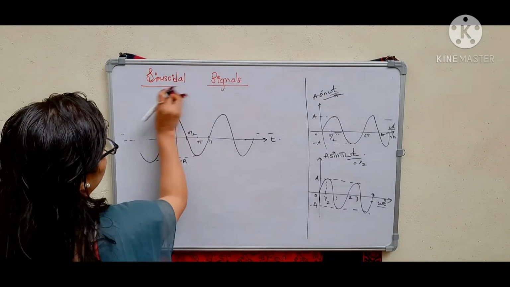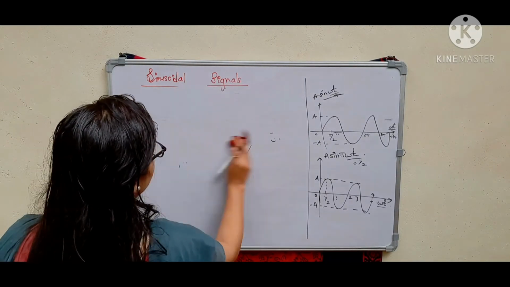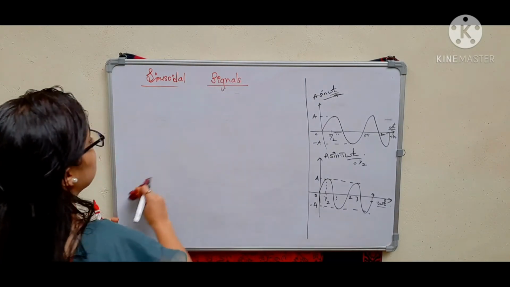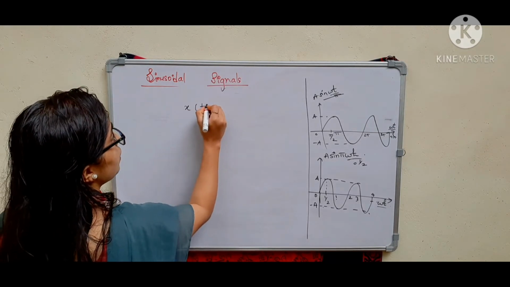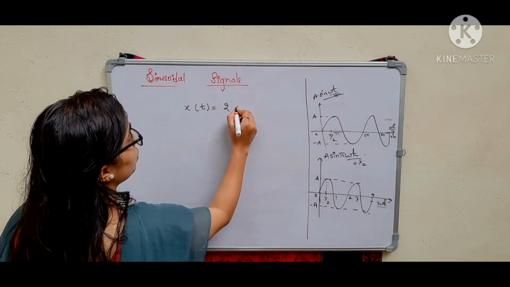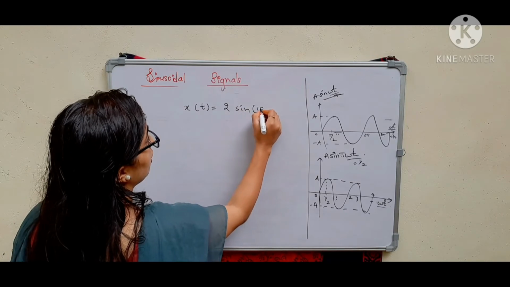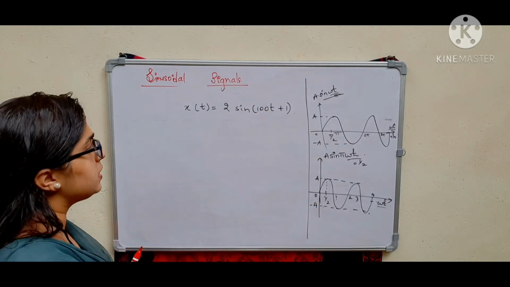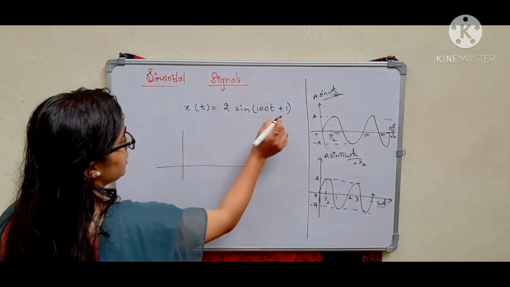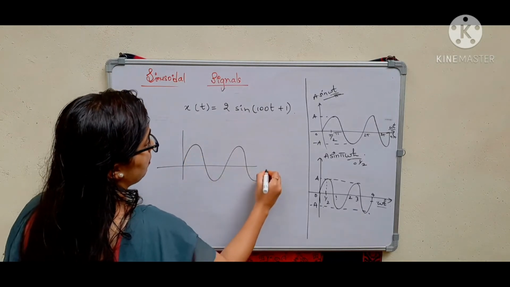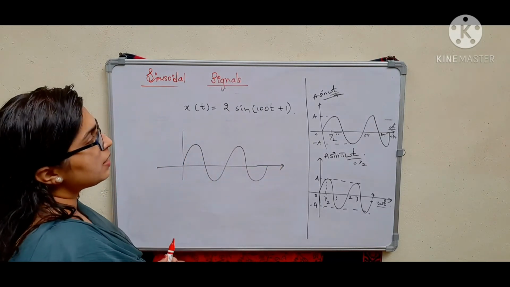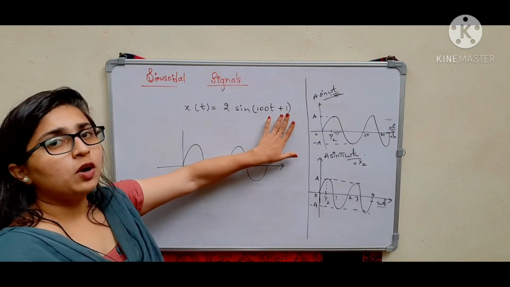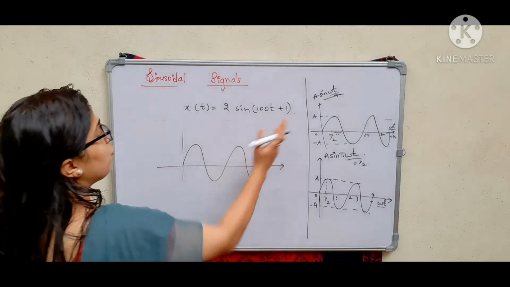Now let us consider one example. If I have x of t equal to 2 sine 100t plus 1, how are we going to represent this? You know the sine signal will be represented like this. First I will perform the shifting operation here, by 1 unit.